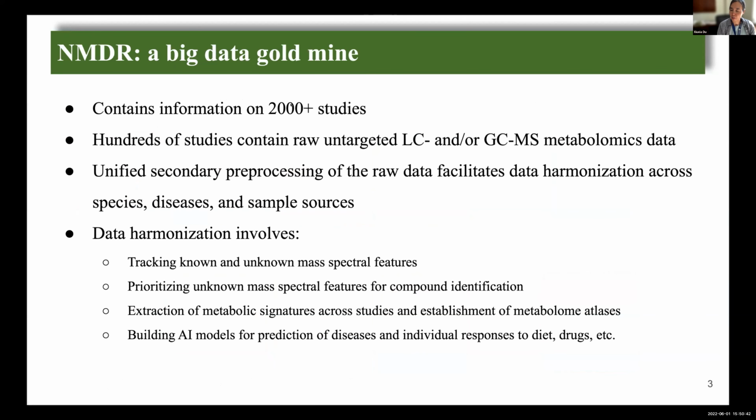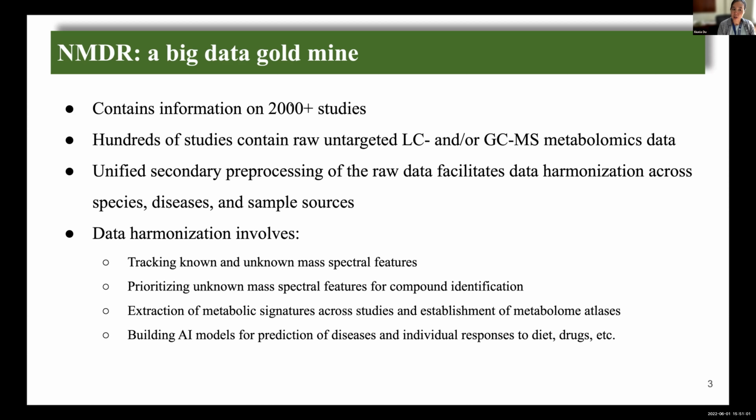So we all know, especially from the talk given by Owen earlier today, MDR is a big data goldmine. It currently has data from more than 2,000 studies, and hundreds of the studies contain raw LCMS or GCMS metabolomics data.